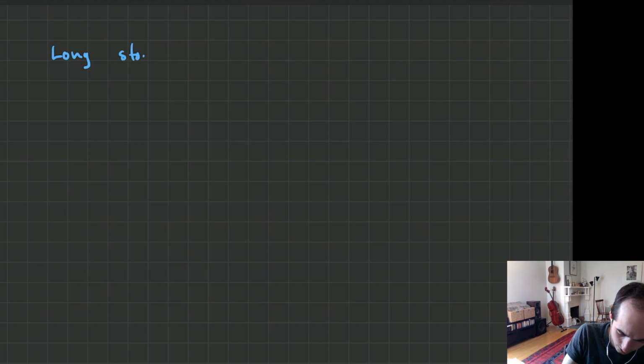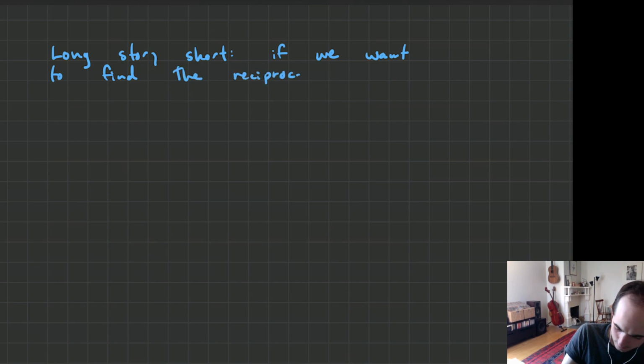Long story short, if we want to find the reciprocal of something, let's call it x, we take 1 divided by x.